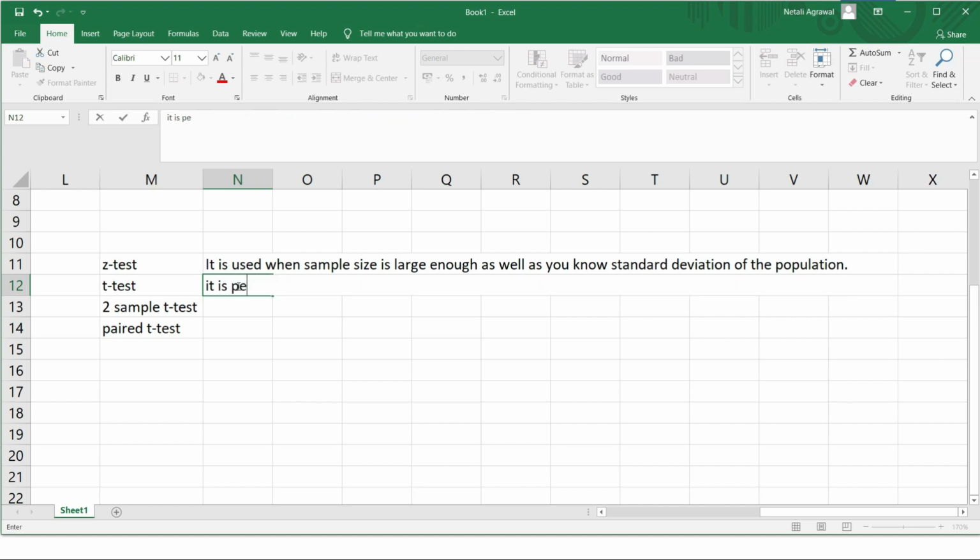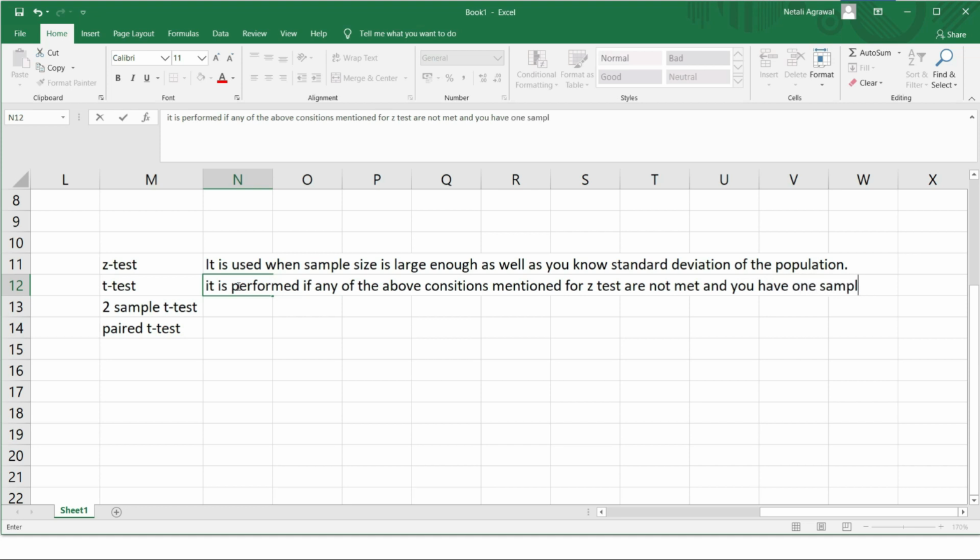It is performed if any of the conditions mentioned for z-test are not met and you have one sample.